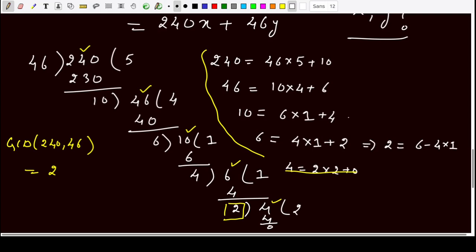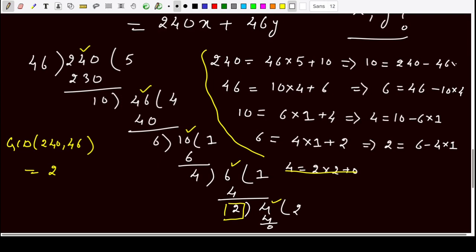Similarly, 4 equals 10 minus 6 into 1. Similarly, 6 equals 46 minus 10 into 4. And similarly, 10 equals 240 minus 46 times 5.